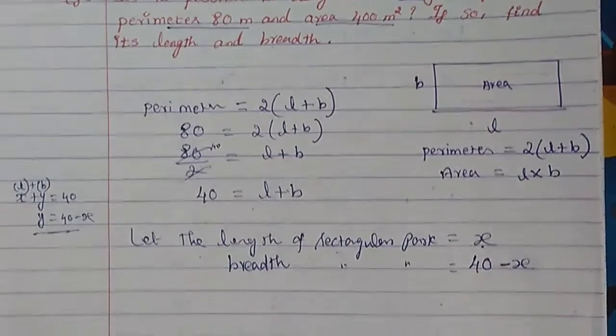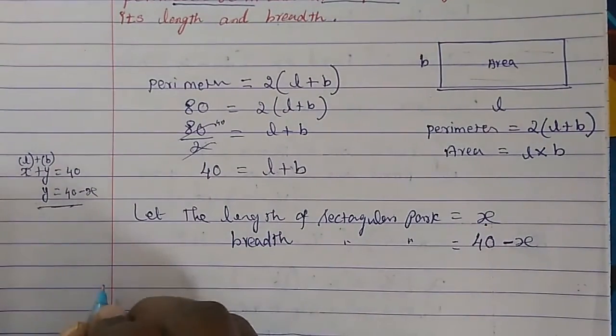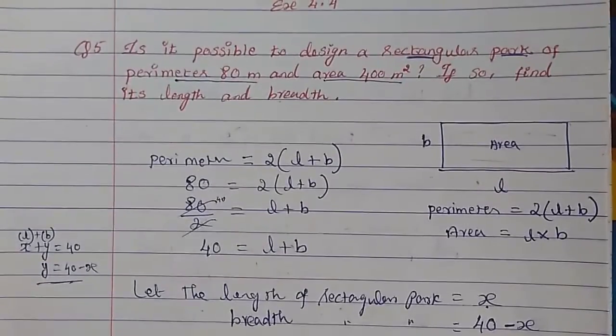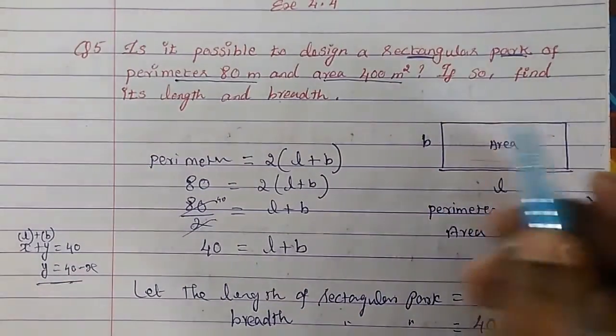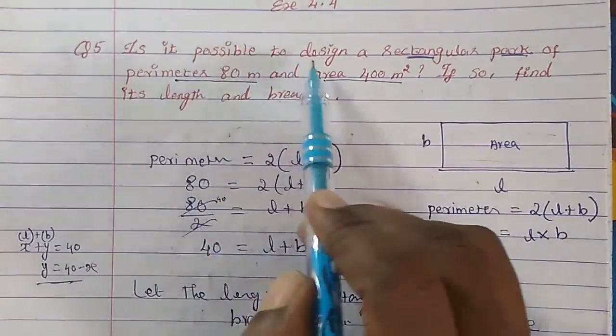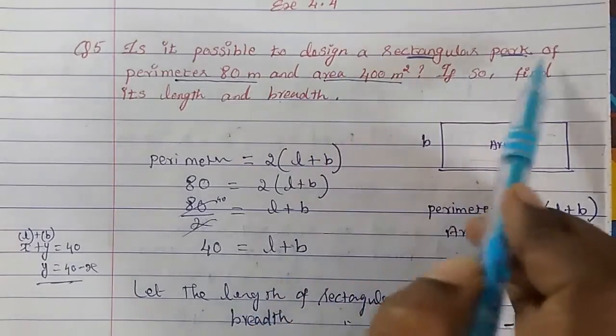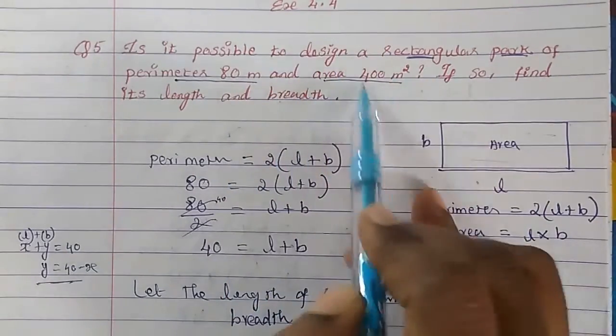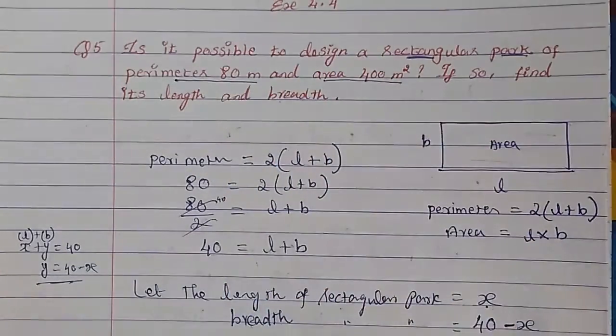So now according to the question, what is the question here? Area is given to us, right? Is it possible to design a rectangular park of this perimeter and area? If so, find length and breadth.